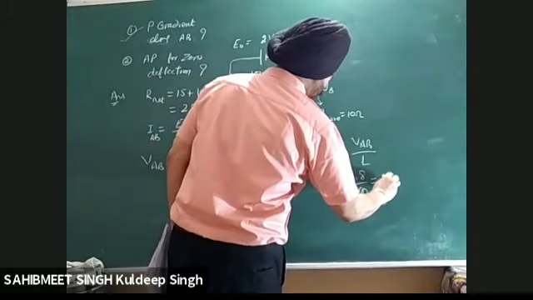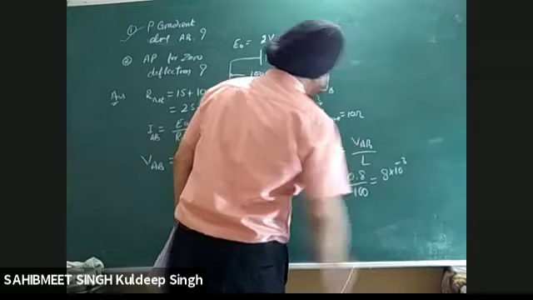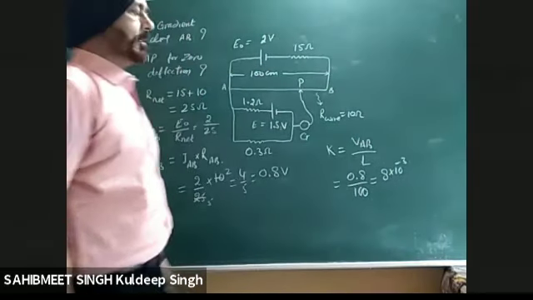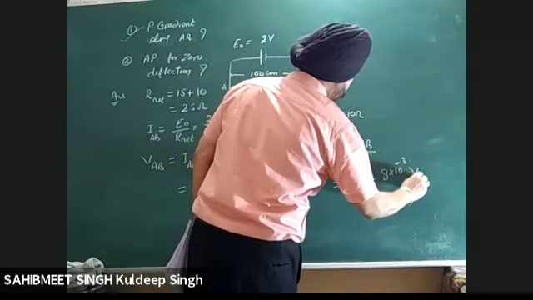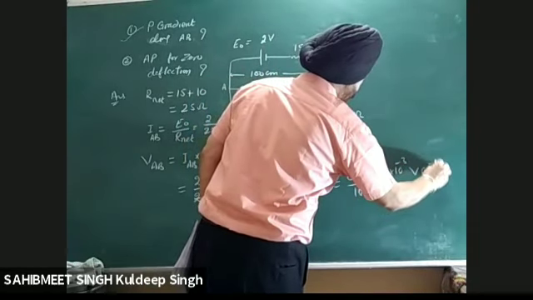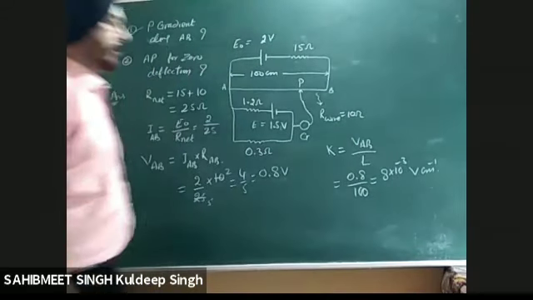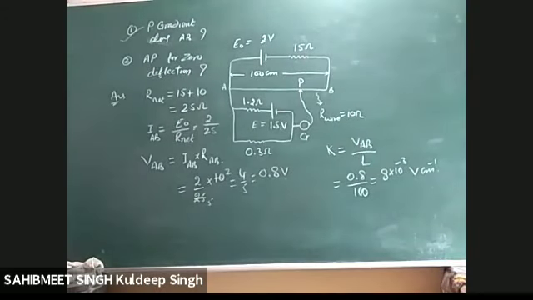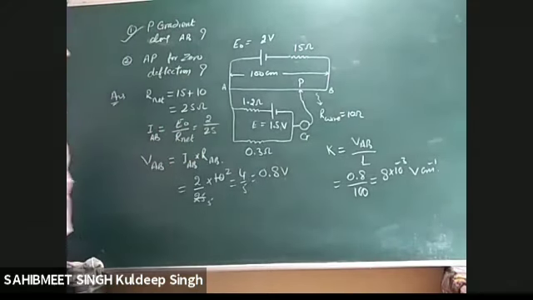Therefore, the result is 8 into 10 raised to power minus 3. What are the units, my dear? The units are volt per centimeter. So this is the potential gradient across the wire. Okay, the first portion is very simple. With a little bit of care you can do it.